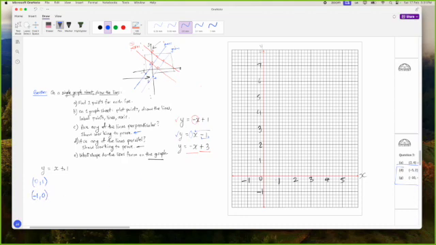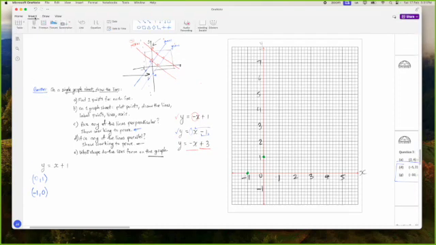If y is 0, I have to throw the 1 across, and x will be minus 1. So I have my 2 points here. The first point is 0 on the x, 1 on the y. So that is my first point. And then 0 on the y, minus 1 on the x. That is the second point there. So let me just draw a line through that.